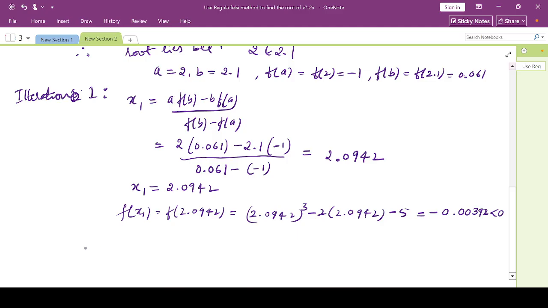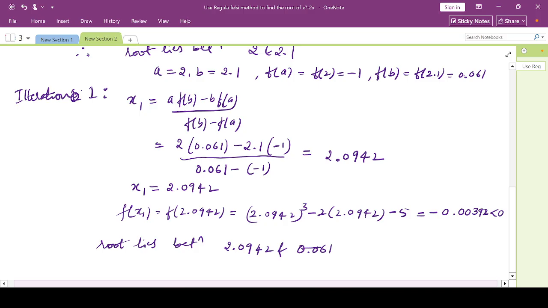Therefore, we can say that for substitution of x, it takes negative value, means root lies between 2.0942 and by substitution of 2.1 you will get 0.061, which is positive.